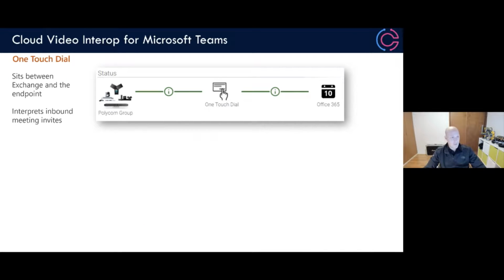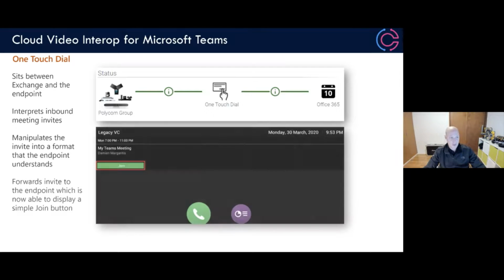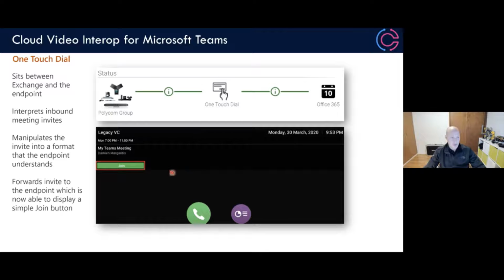So that interprets the inbound meeting invites, manipulates the invite into a format that the endpoint understands. And now on the screen of my endpoint, you'll see that I've got a join button for a Microsoft Teams meeting. What that join button does, when I click it, is automate the dialing of the string that exists in the Real Connect for Teams meeting invite.